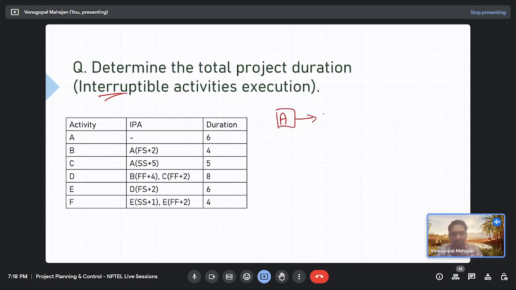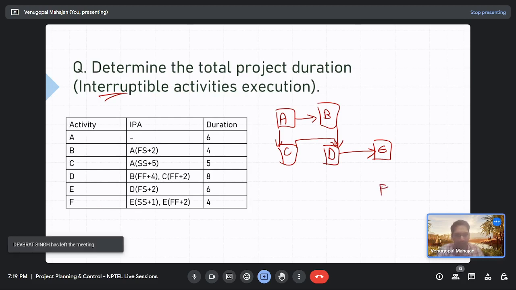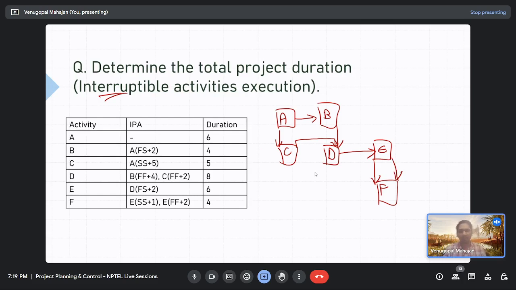Activity A is finish to start with B and start to start with C. Activity D is finish to finish with B and finish to finish with C. Activity E is finish to start with activity D. And activity F is start to start with activity E. If you count 1, 2, 3, 4, 5, 6, 7, seven arrows should be there. Yeah, so this is the network.